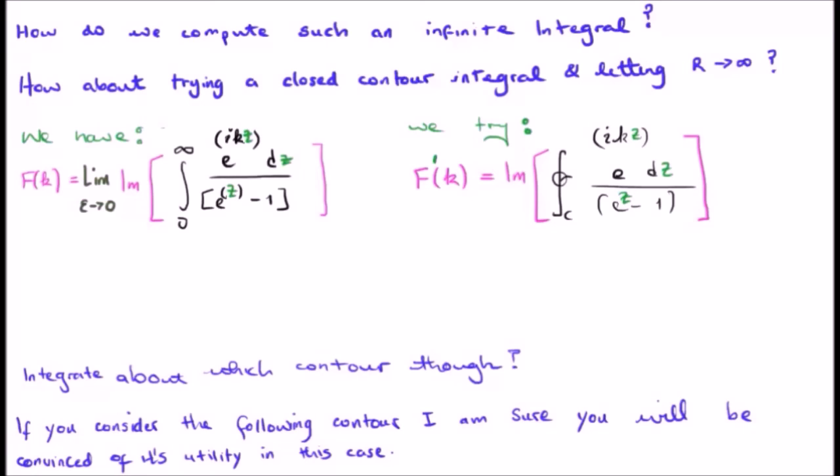So remember, it's not easy to integrate from 0 to infinity, especially with this pole at z is equal to 0. So we're going to consider a contour, a closed loop of some form, and we're going to extend this contour to infinity, and this should give us the result we're looking for.